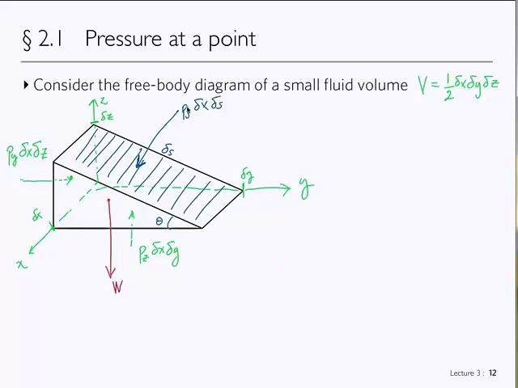So let's see, this one is going to have an angle. So let's draw here the angle. This is going to be equal to the angle theta that I've drawn here. Let's see, this weight is going to be the volume times the density and the gravity, so we know the weight. And we're going to now simplify this a little bit by considering a unit thickness in the X direction.